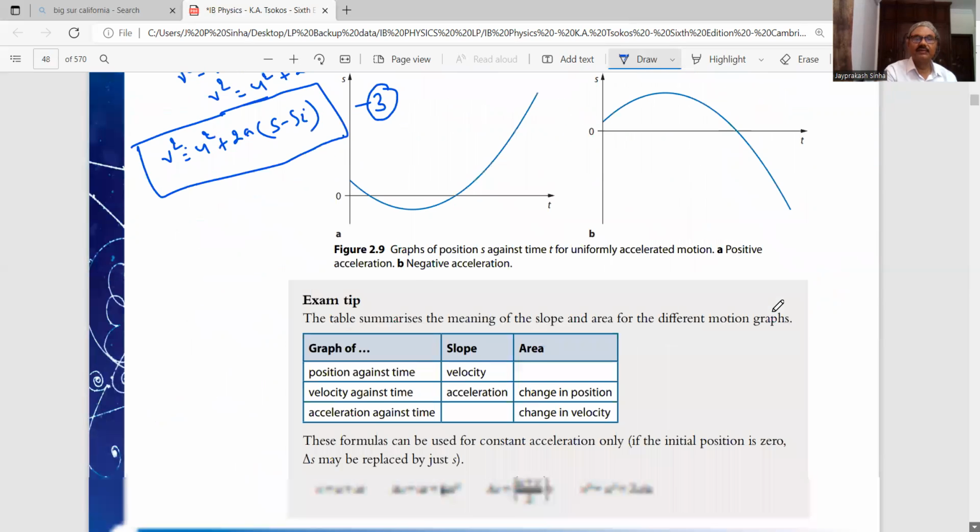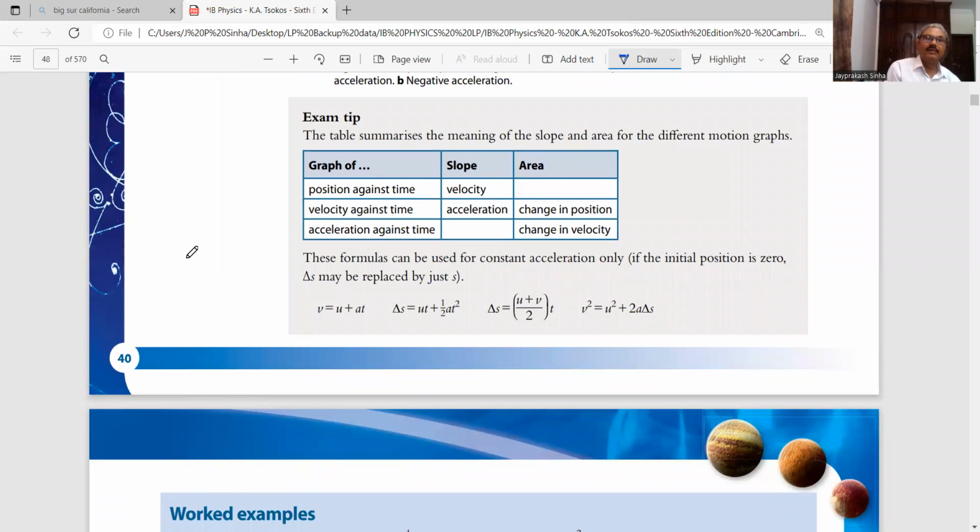But these formulas can be used for constant acceleration only.